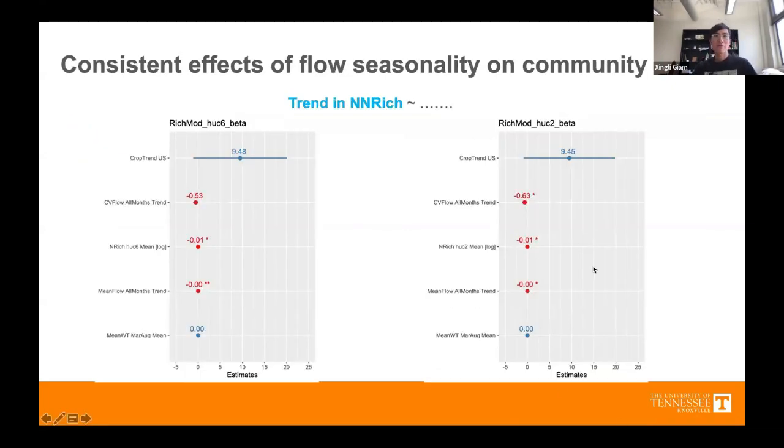So what did we find? The main story here is, as you see, there's a lot in here, but the y-axis shows you the predictor variables that are important in predicting the trend in non-native species richness. So the response variable is non-native species richness, all right?